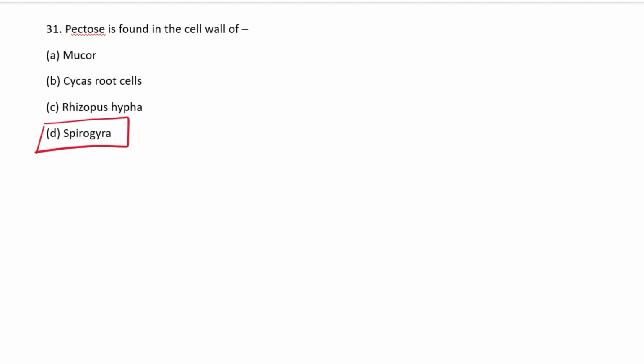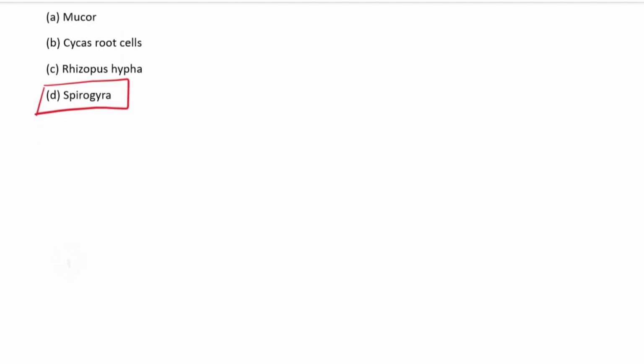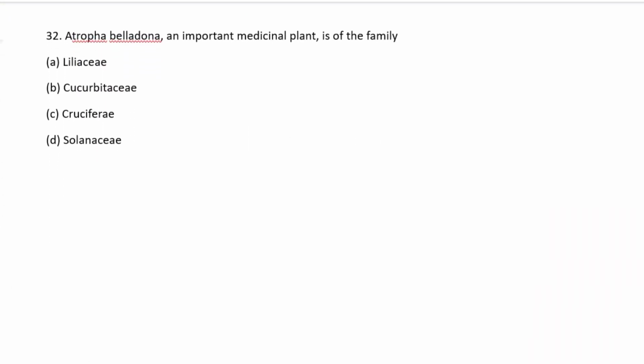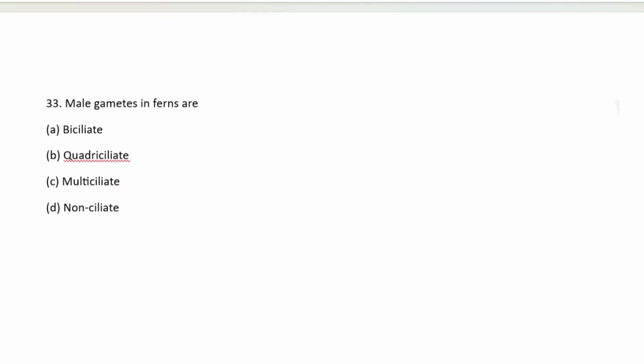For question number 31, Spirogyra is the right answer, option number D. Moving on to question number 32. Atropa belladonna, an important medicinal plant, is of the family. So this medicinal plant belongs to the Solanaceae family. That is option number D. So for question number 32, option D is the right answer. Moving on to the next question.